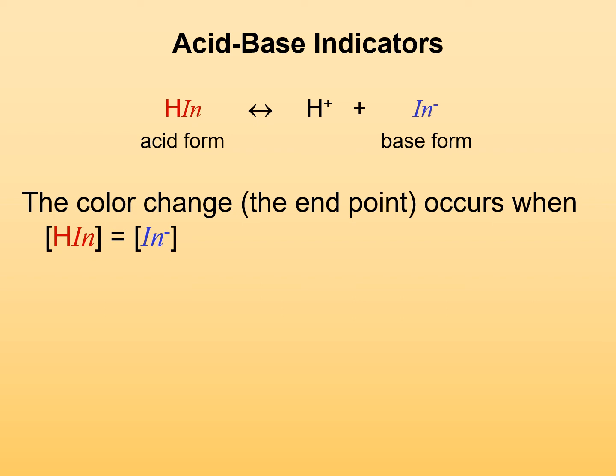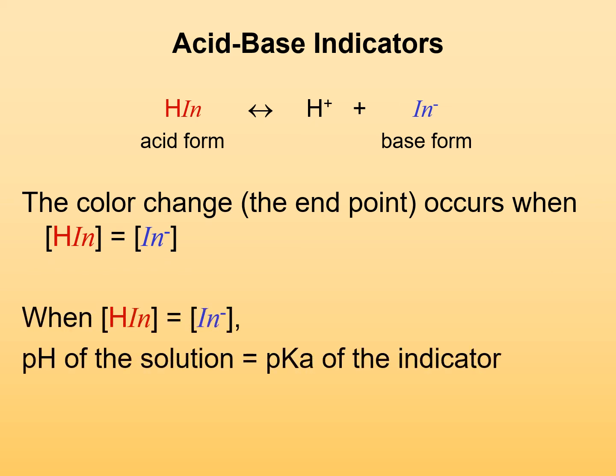The color change where we're going to see the endpoint is going to occur when moles of acid equals moles of base. That's right where the color change is going to occur, where it will shift from blue to red or red to blue. Whenever those are equal, the pH of the solution is equal to the pKa of the indicator.